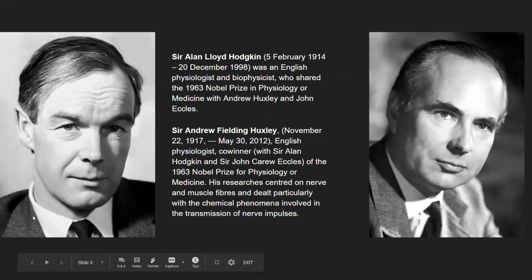Hodgkin, 5th February 1914 to 20th December 1998, was an English physiologist and biophysicist who shared the 1963 Nobel Prize in Physiology or Medicine with Andrew Huxley and John Eccles.